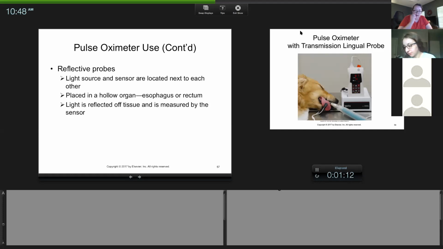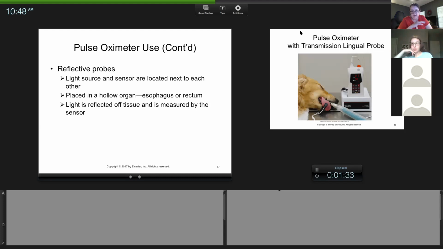Now, if you have a patient where you can't do the prepuce, you can't do the tongue, our monitors at BCA came with both kinds. They came with the clothespin and they came with the reflective probe. So if I had to switch because of the surgery, I could put in one probe.